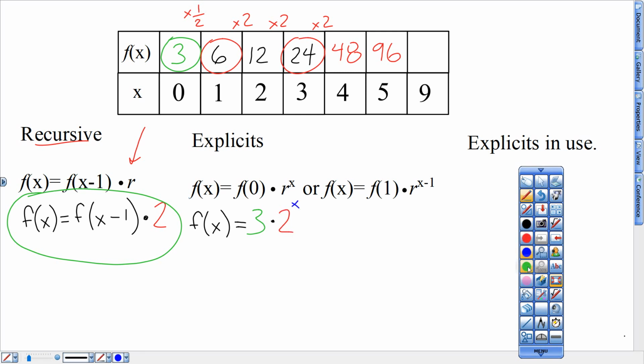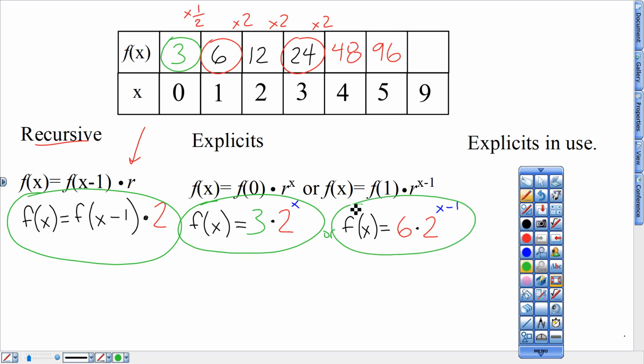I could use that guy right there. Or I could use the first term instead and not use 3, but use that first term, which is 6 times that same 2, but to the x minus 1 power. They are the same.